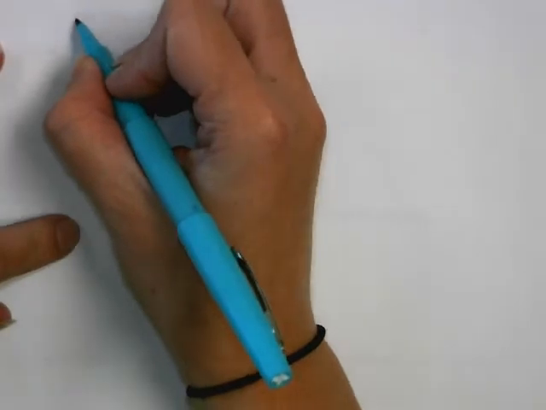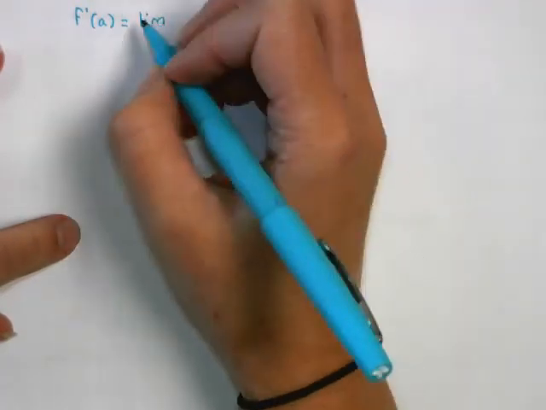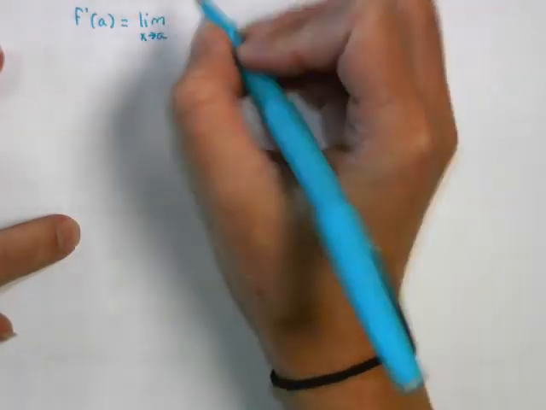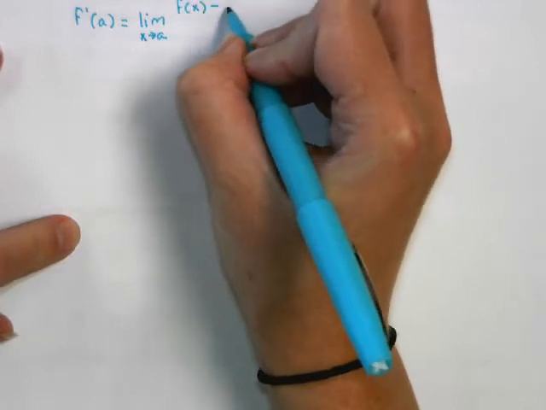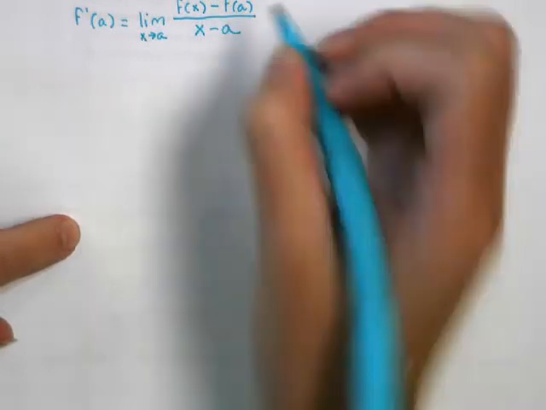The second definition of f prime of a is the limit as x goes to a of f of x minus f of a over x minus a.